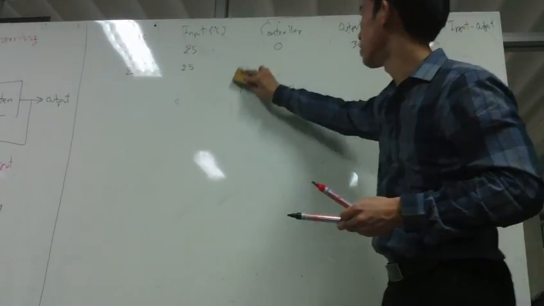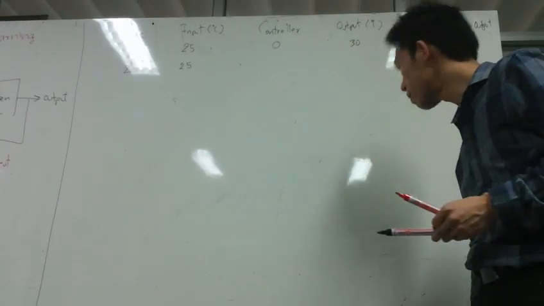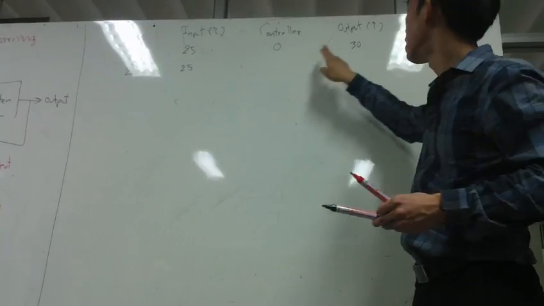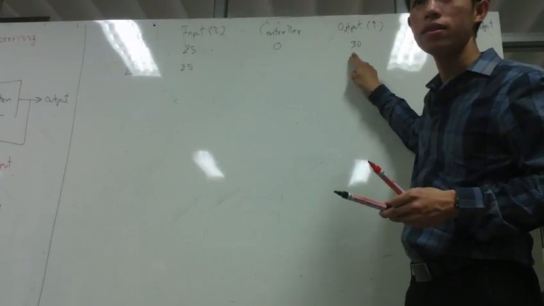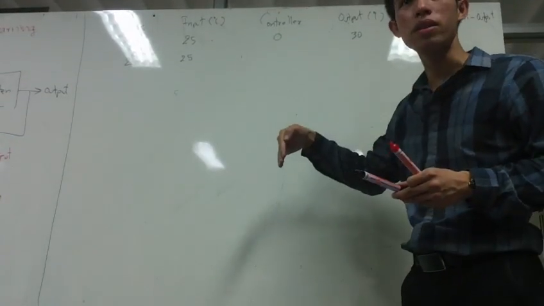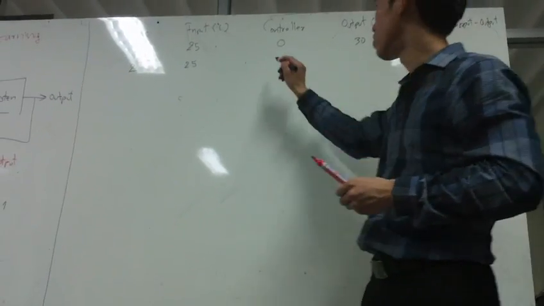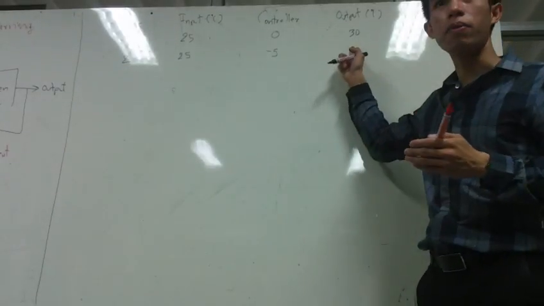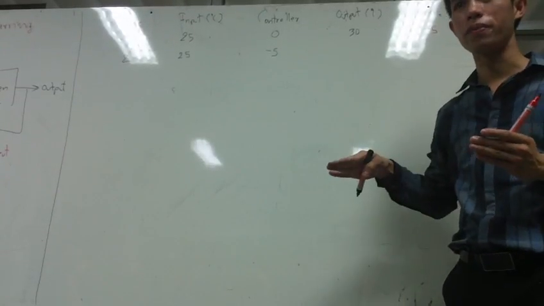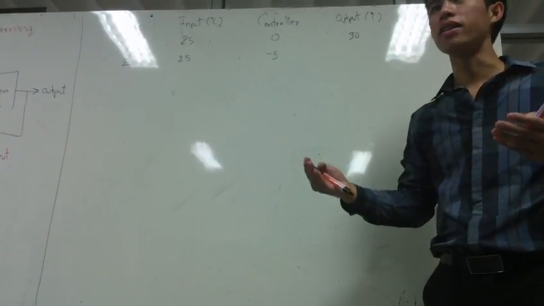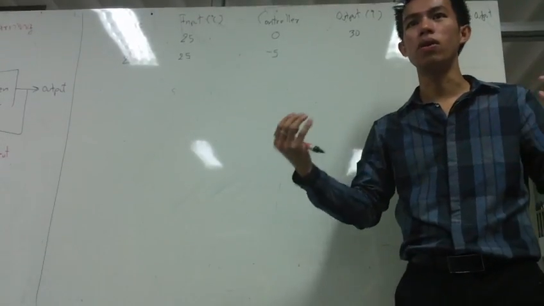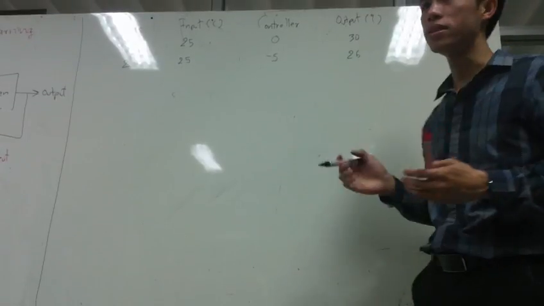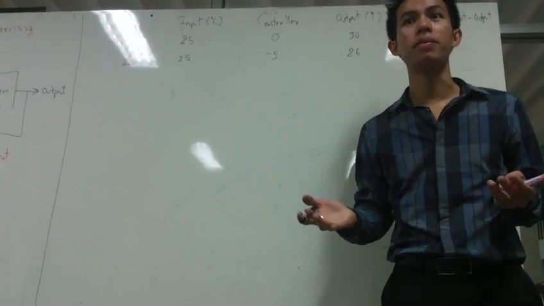So as you can see, when the controller set it to be 0, the room is 30 Celsius. So it's trying to lower the temperature, to be -5. So the output on the room has to be lower. Again, it doesn't go lower right away.